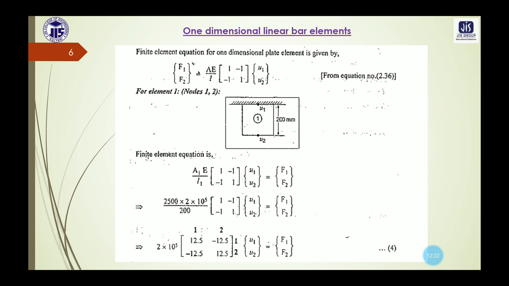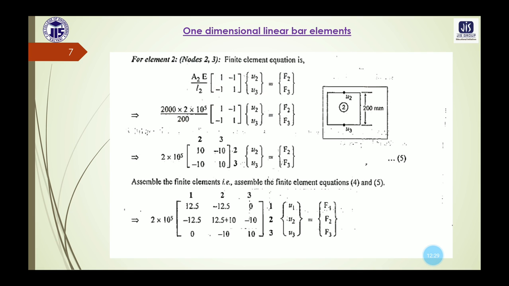Now in this similar manner we need to form the finite element equation for the element 2. The element 2 corresponds to U2 and U3, these two nodal displacements, so we need to write the finite element equation as A2 E by L2 multiplied by the symmetric matrix and multiplication of the column matrix U2 and U3.